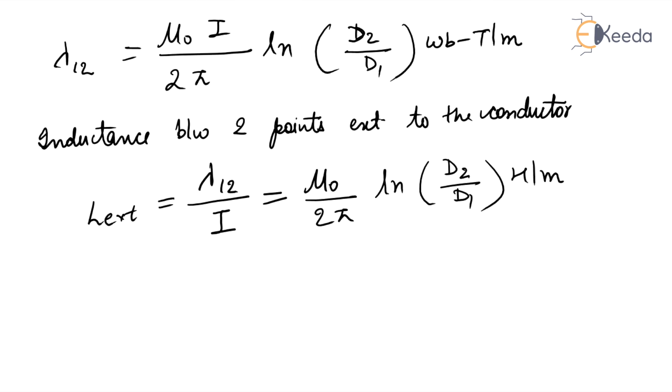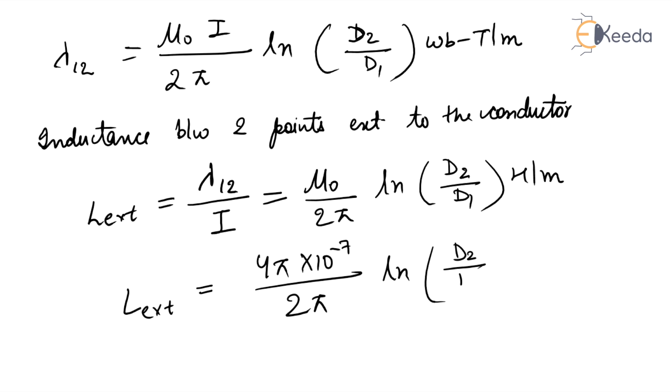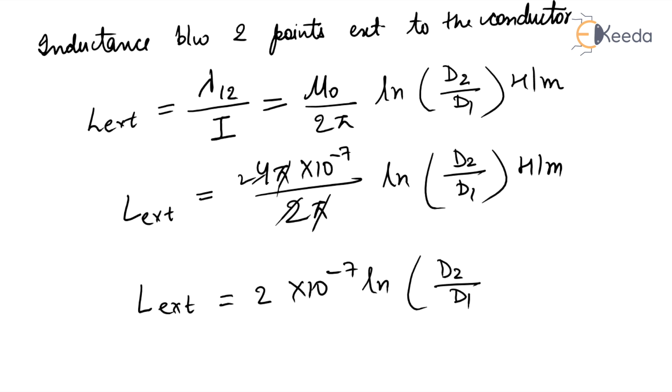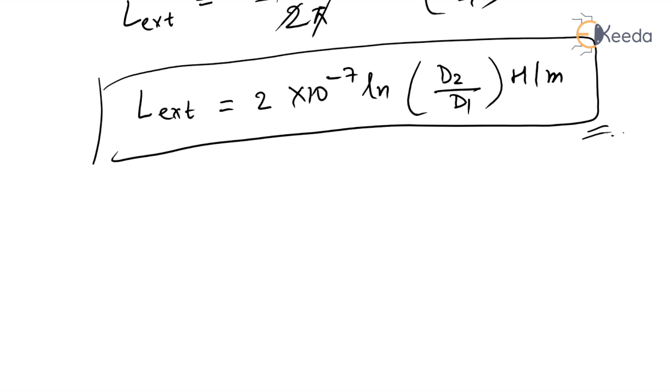Because we know the value of mu naught is 4 pi into 10 to the power minus 7, putting the value, this is equal to 4 pi into 10 to the power minus 7 upon 2 pi log D2 by D1 Henry per meter. The pi cancels out, and with the 2, L external is equal to 2 into 10 to the power minus 7 log D2 by D1 Henry per meter.